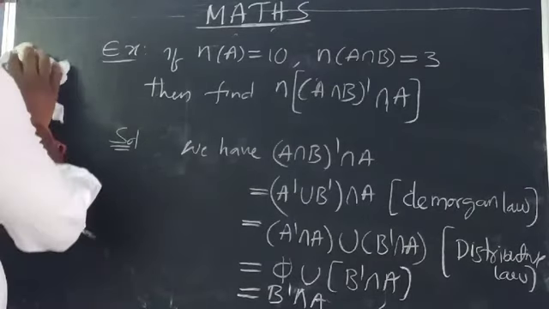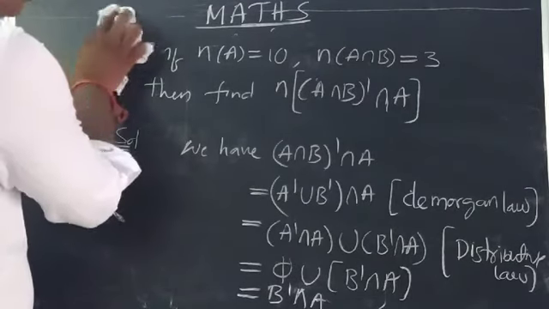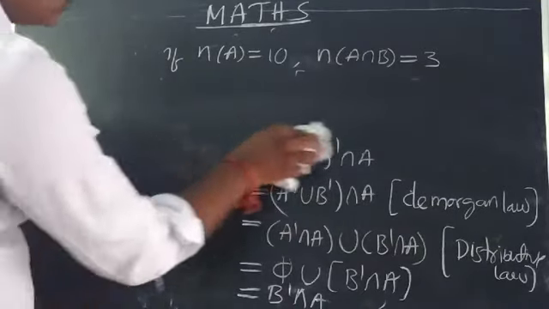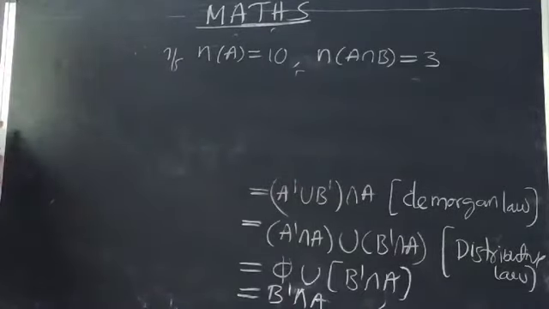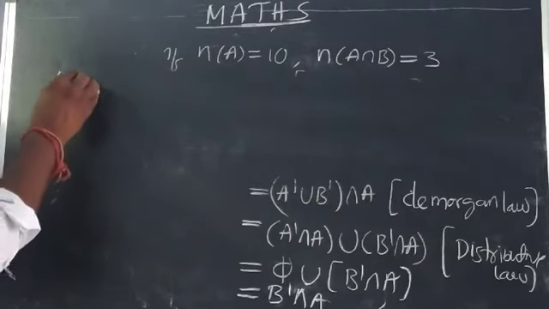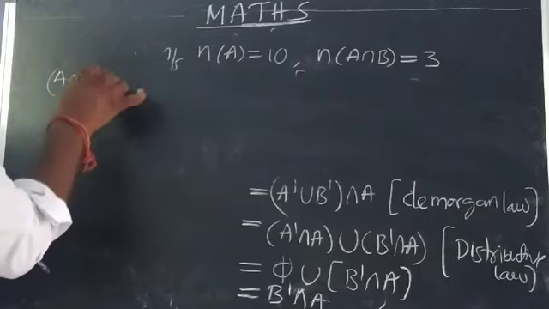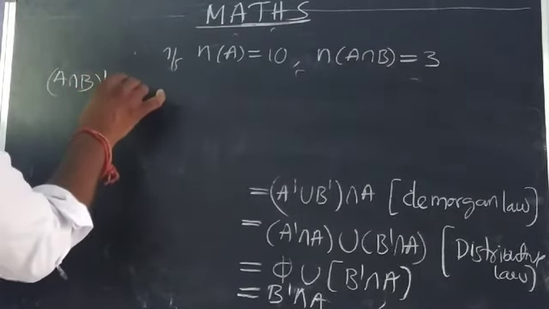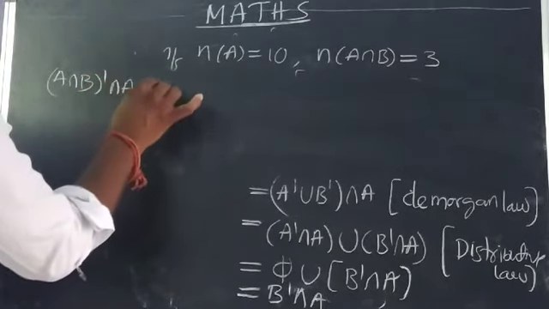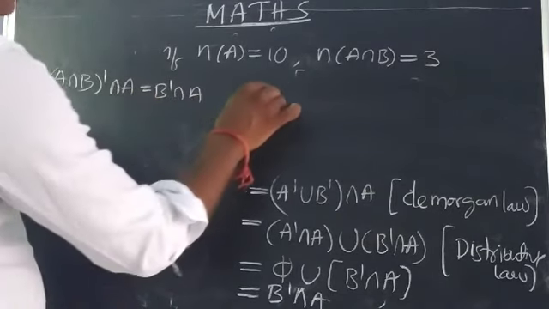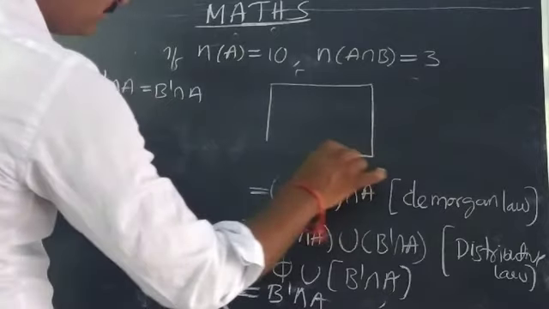Again, let me do a rough sketch. Keep the question as it is. So I simplified (A intersection B) whole dash intersection A, and I got B dash intersection A. See the Venn diagram, I will explain it.